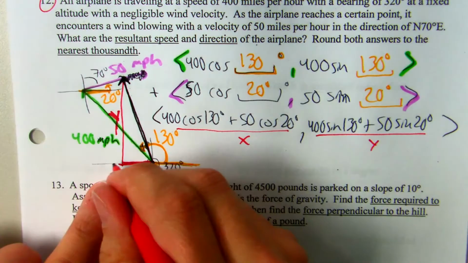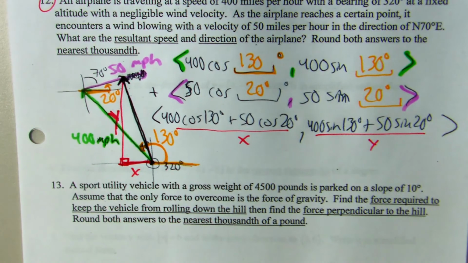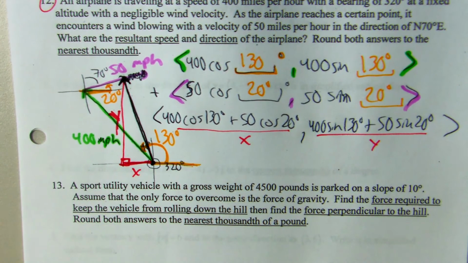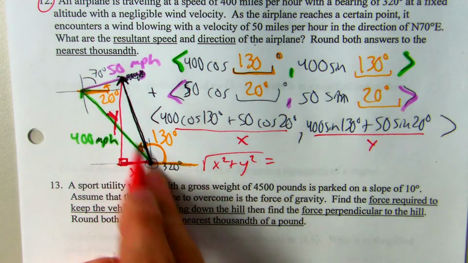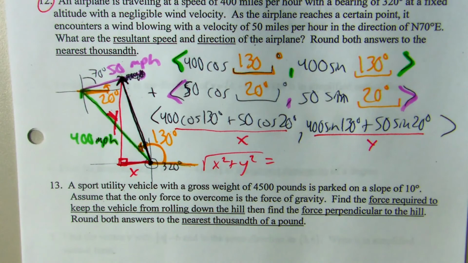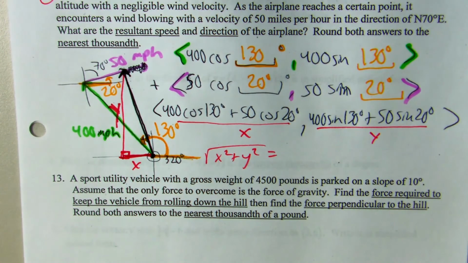So you end up knowing two sides of the right triangle. Now we can use the Pythagorean theorem to find the hypotenuse length, which would actually be the magnitude of the resultant vector, which is the speed of the plane. So I store all this in my calculator once.